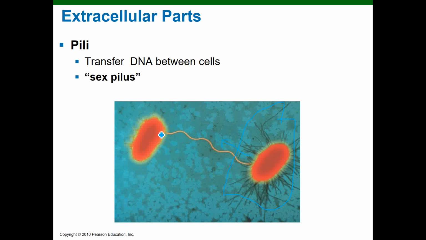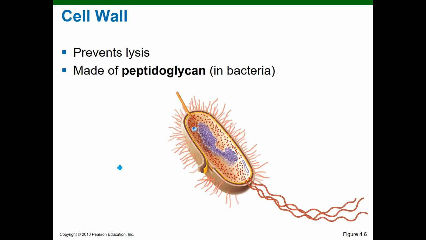And along this pilus he'll likely send a little piece of DNA called a plasmid, and that plasmid will likely contain instructions for making fimbriae. And this is one of the ways bacterial cells can also transmit antibiotic drug resistance, right? You're transferring DNA from one to another. All right. So we've covered fimbriae, the sex pilus, flagella, and capsules.